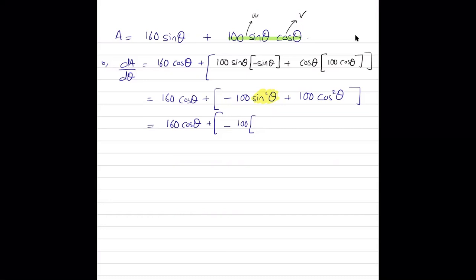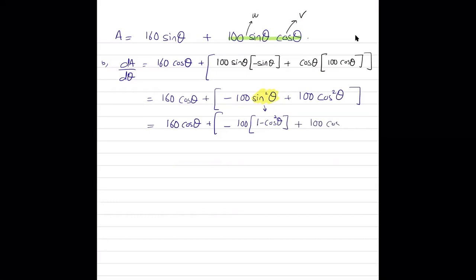So the identity you're saying is sine square theta plus cos square theta equals one, right? Yes. So sine square theta can be written as 1 minus cos square theta.